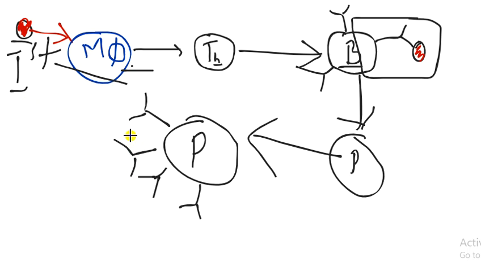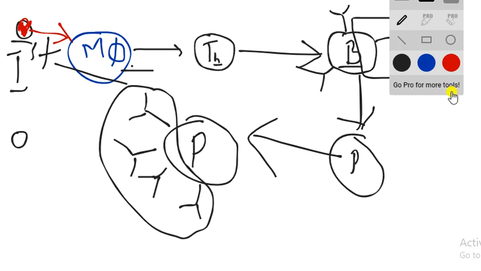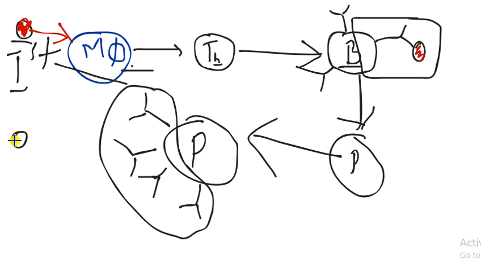Second time, our serum has this type of IgE, and this antigen again comes into our body.